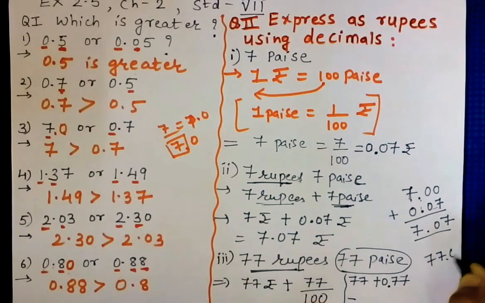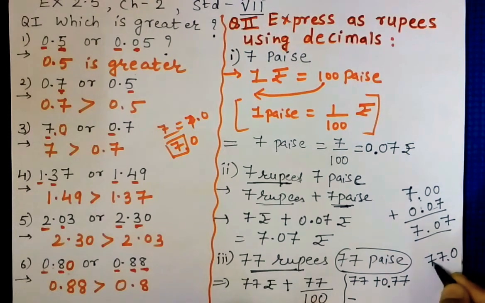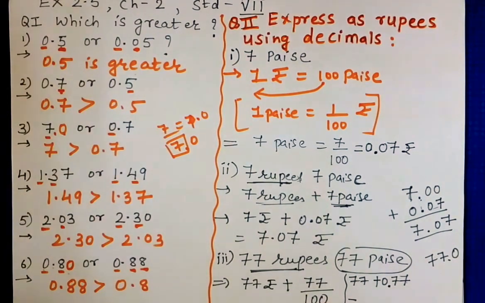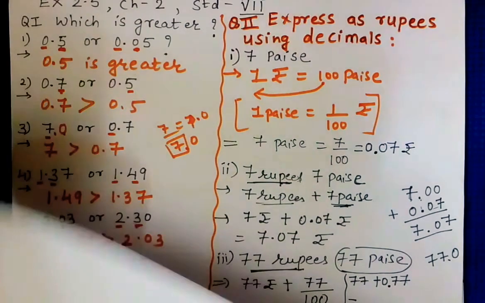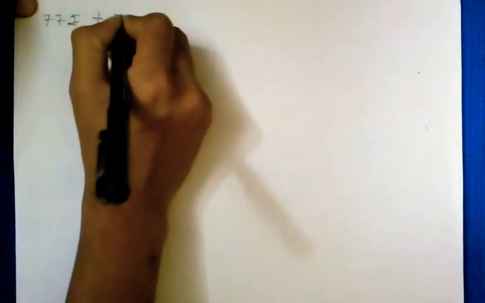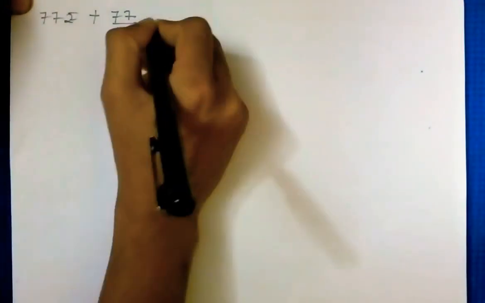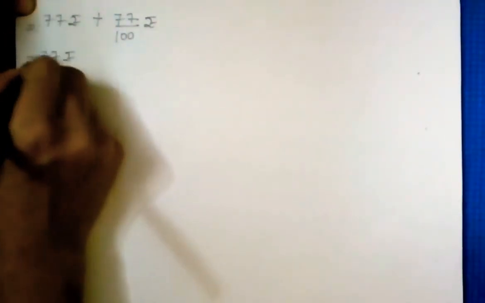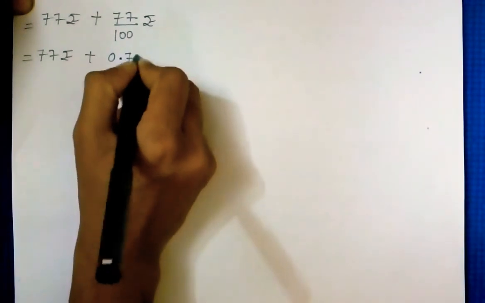So we can take .00 at the end. 77 rupees plus 77 upon 100 rupees, which we converted, so 77 rupees plus 0.77.